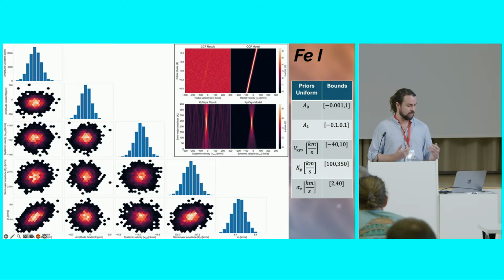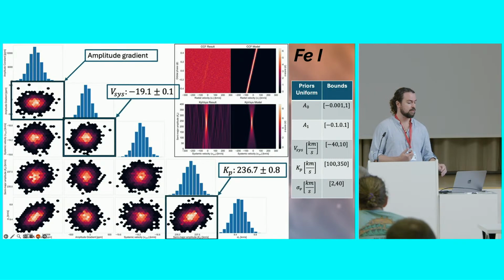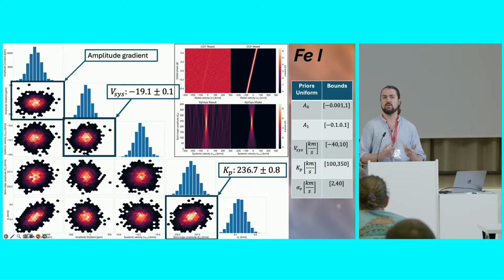And when you do that, you're able to extract parameters like V-Sys and the KP, but using an MCMC framework, you're also able to obtain uncertainties from that in a way that is a little less ambiguous than using a KP-V-Sys map.